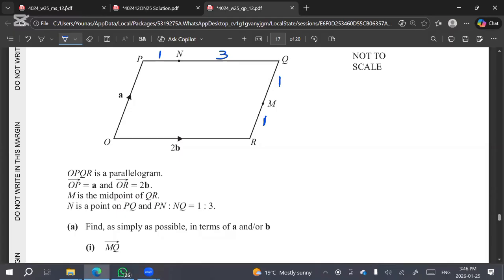He says, find as simply as possible, in terms of a and or b, the MQ. So we know that the MQ will be equal to half of the RQ, and we already know what the RQ is.